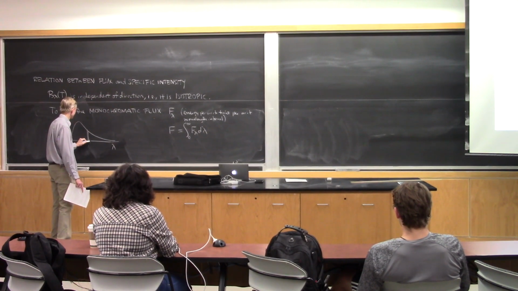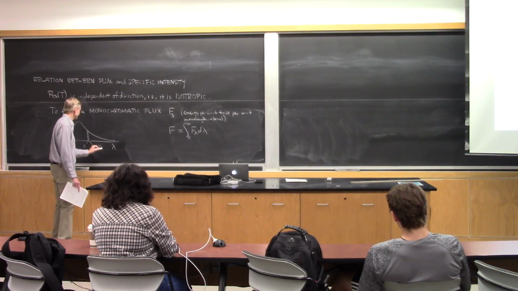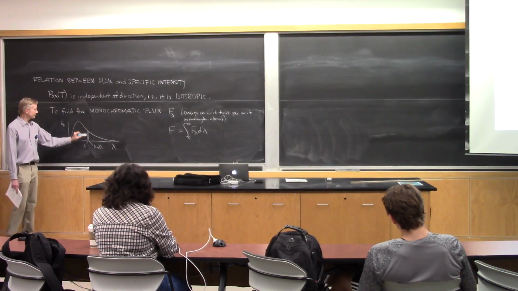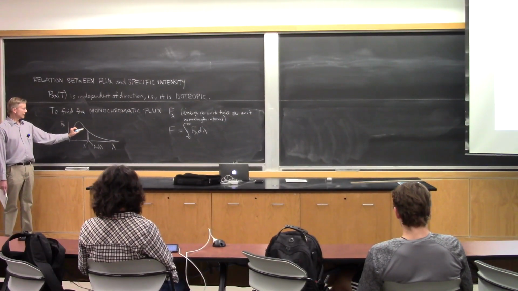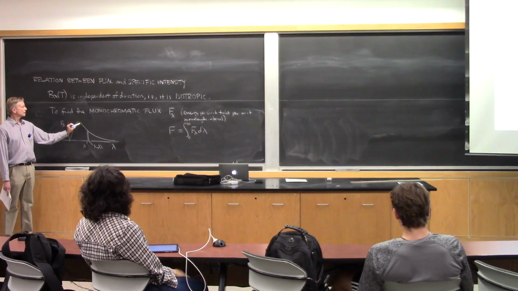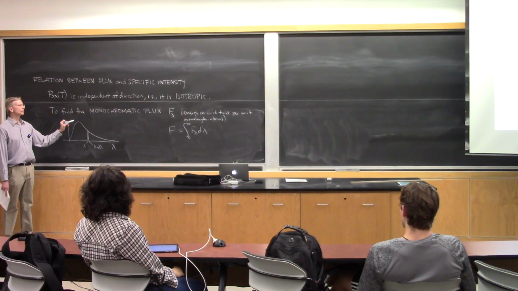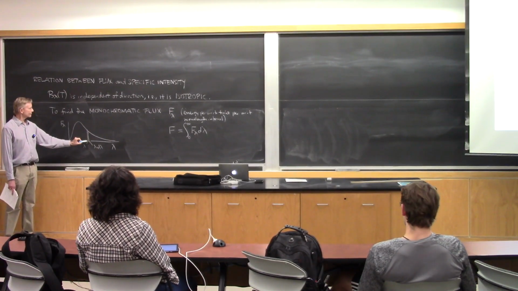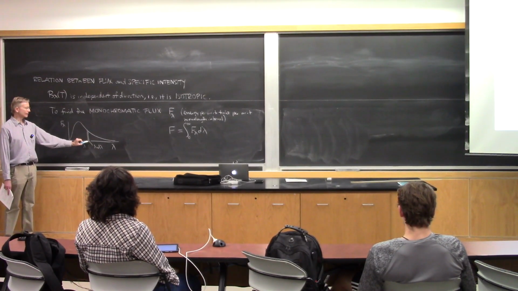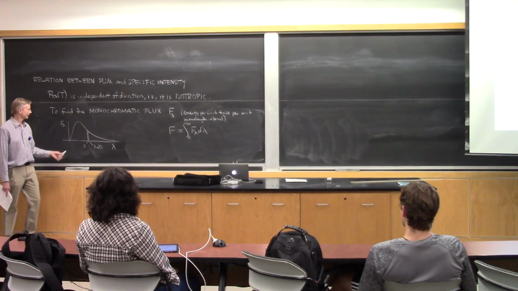On one side it's lambda, on the other side it's lambda plus d lambda. F lambda d lambda, that little area right there, is the energy per unit time per unit area for photons in this little range from lambda to lambda plus d lambda, right?